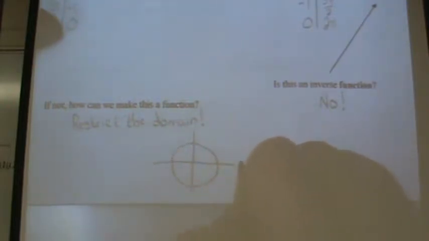So when we restrict our domain and we look at the unit circle, we know we have 0, this is pi over 2.